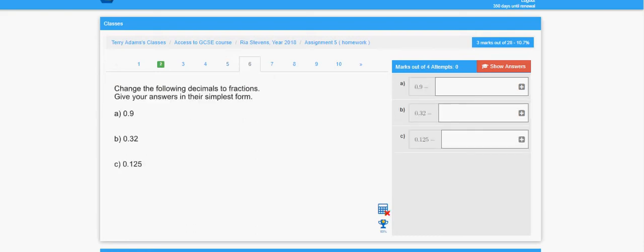Now again, changing decimals to fractions, so you would do exactly the same as we did previously.